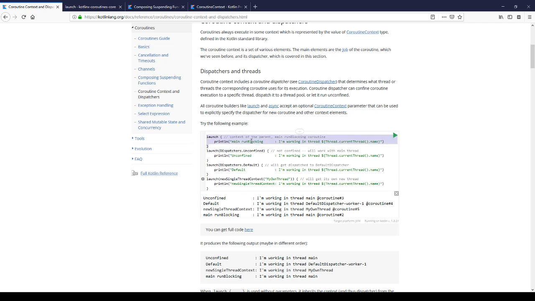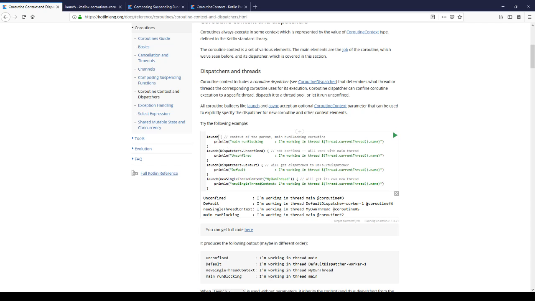So we launch a coroutine, and it's in a runBlocking block. This launch is related to runBlocking, and this launch is related to the main thread. This one is just related to the default, which is actually dispatched to the default dispatcher, and this one is related to a new single thread.